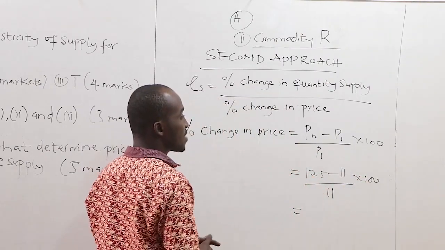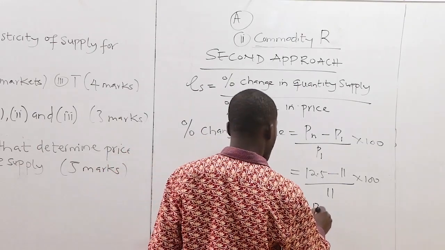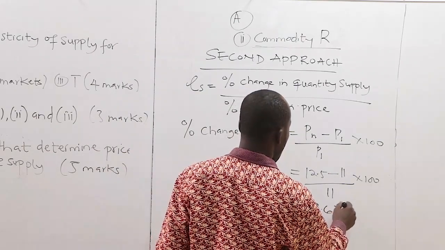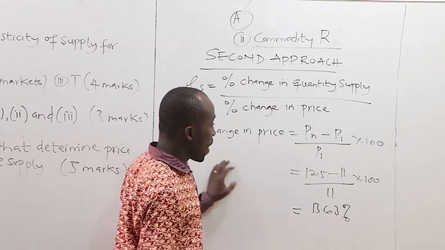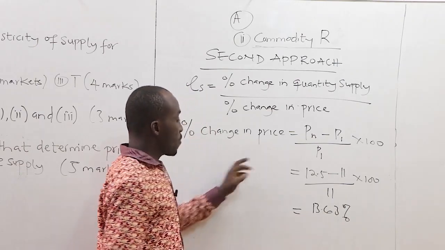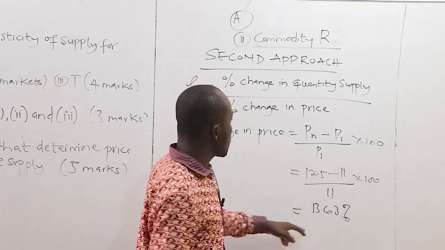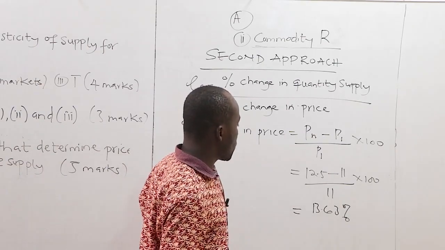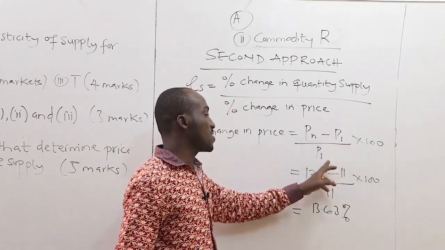If you use a calculator to punch this, you're going to get something around 13.63%. So if you go by this approach, when you finish, you're going to get about 13.6%. So the new price minus the initial price, divided by initial price, times 100.